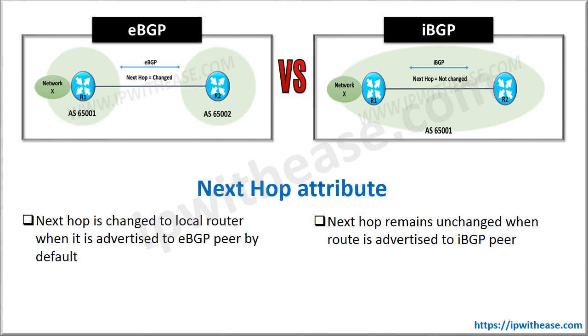Henceforth, the next hop is changed to the local router when it is advertised to an eBGP peer by default, whereas the next hop remains unchanged when a route is advertised to an IBGP peer.